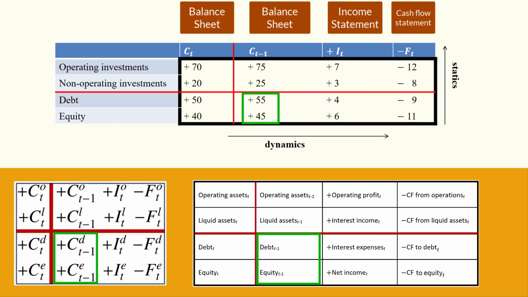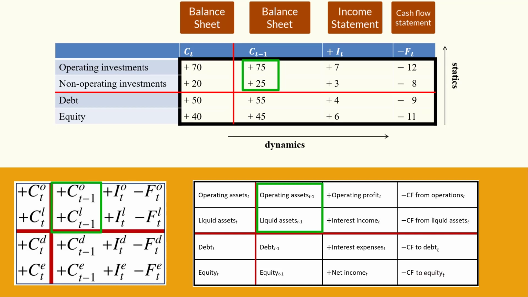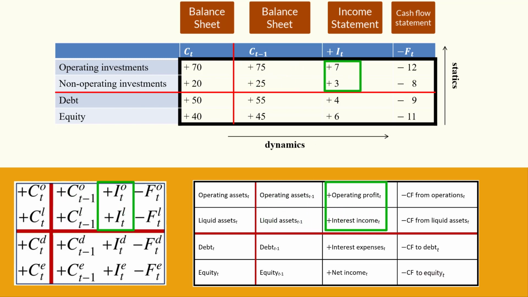The firm invests the $100 received from the fund providers, 75% into operating investments and 25% into liquid assets. Let's assume that the operating assets generate an operating profit of $7 and that the interest income is $3. This means that the investments overall generate $10 income.